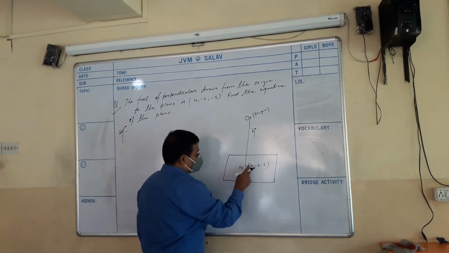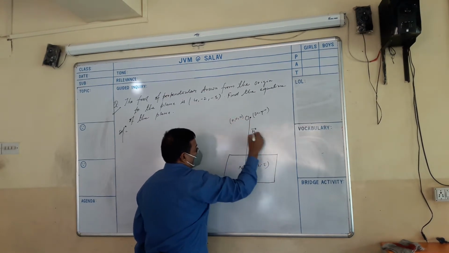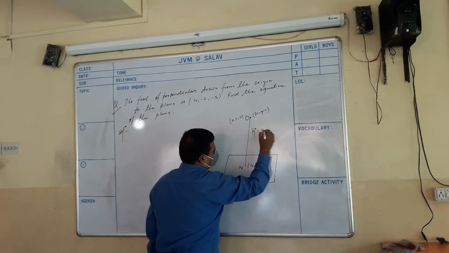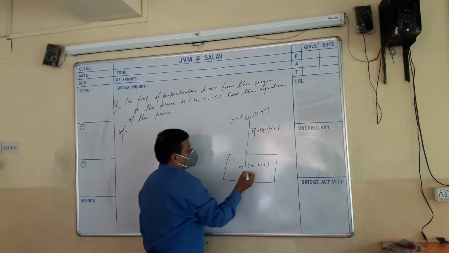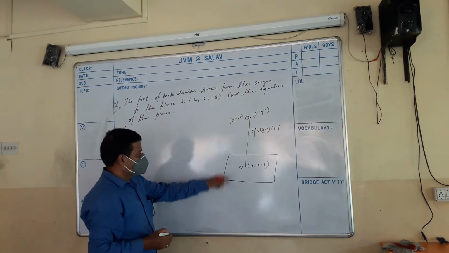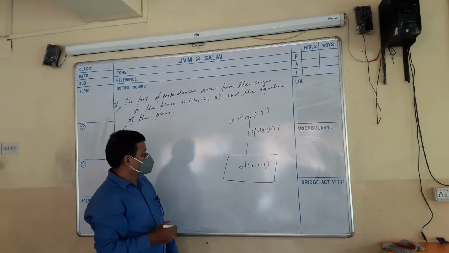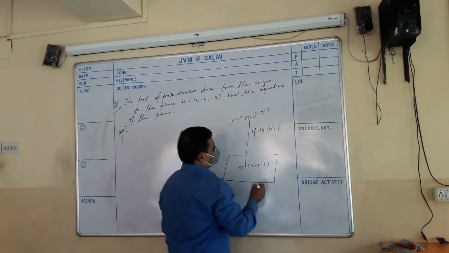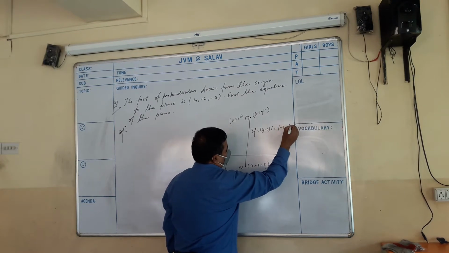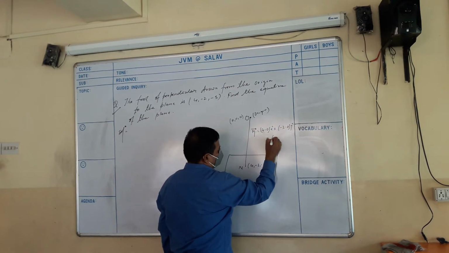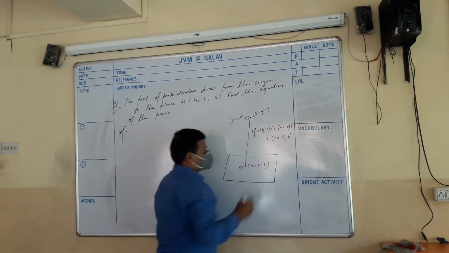The normal vector will become (4 - 0) i, then (-2 - 0) j, plus (-5 - 0) k.